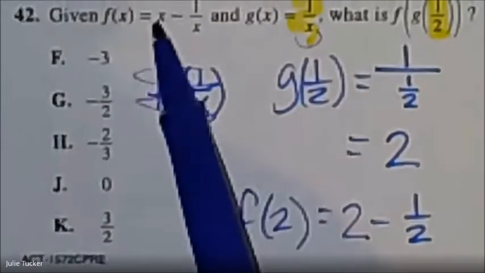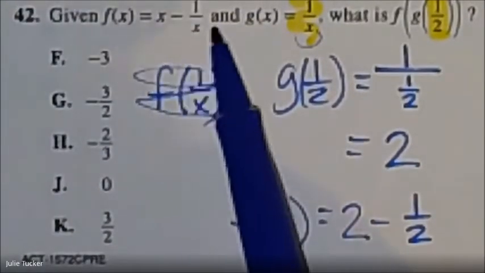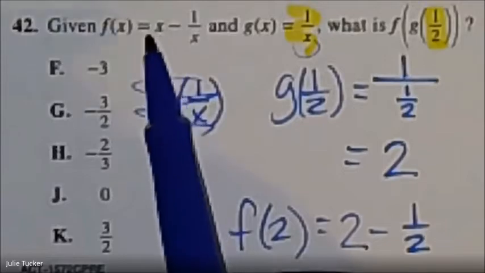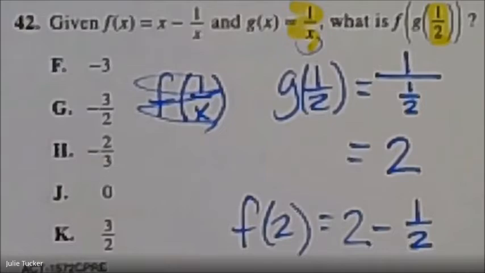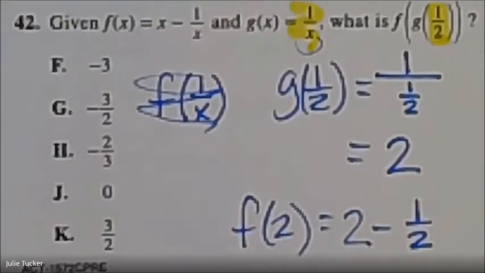So here's the x minus 1 over x that I'm putting in 2 for. And I'm going 2 minus 1 over 2. So 2 minus 1/2 is which one of these answers? No, it's not negative.